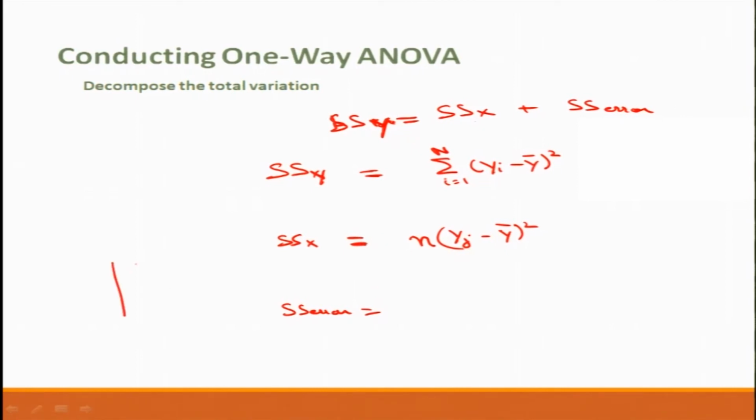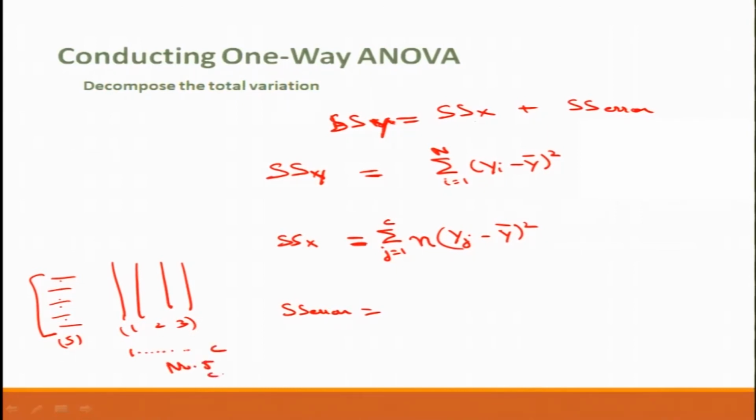If we have a number of groups, what is the group size? In this case, 1, 2, 3, 4 and 5, group size is 5. If I say I have these groups 1, 2, 3, there are 3 categories and the group size is n for each group. J varies from 1 to C, where C is my number of categories.